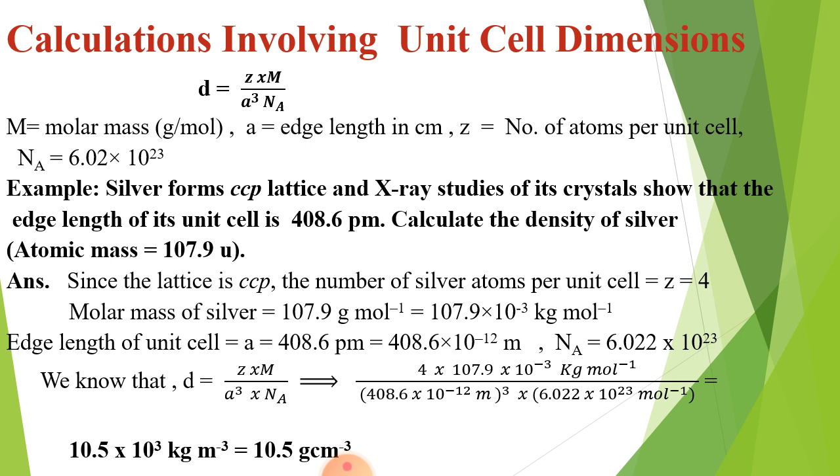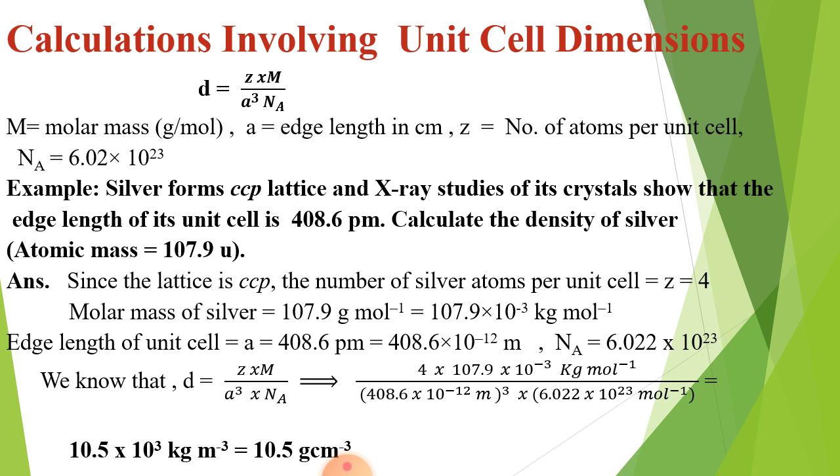One numerical based on this formula may be asked for 3 marks. Here the formula is given and one example is given to relate this formula. The formula is d equal to Z multiplied by capital M divided by a cube multiplied by Na.